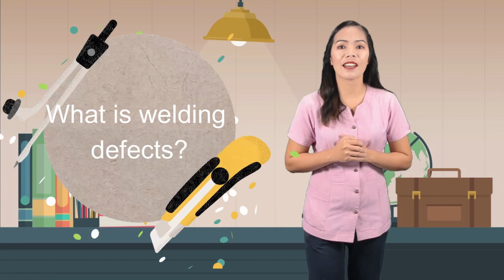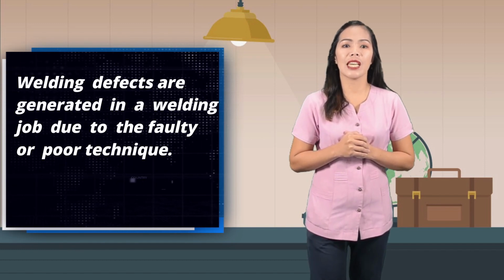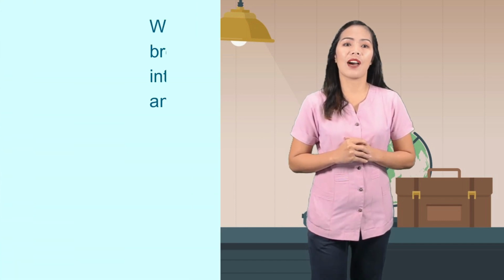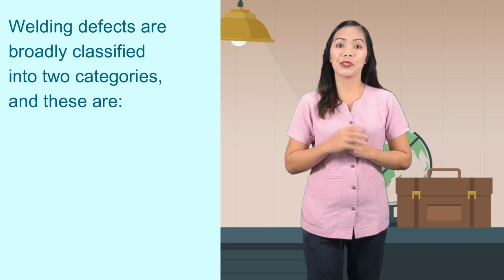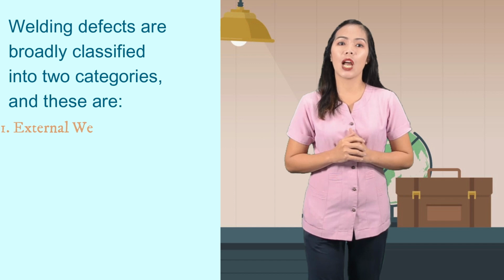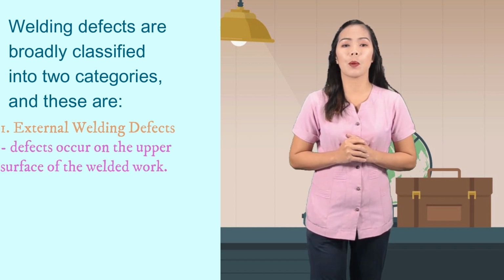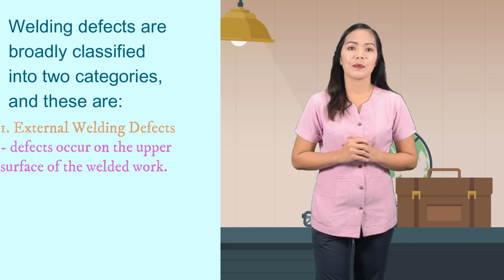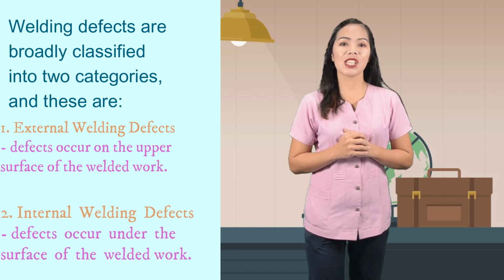What is welding defects? Welding defects are generated in a welding job due to faulty or poor technique. Welding defects are broadly classified into two categories. First, external welding defects: defects that occur on the upper surface of the welded work. Second, internal welding defects: defects that occur under the surface of the welded work.